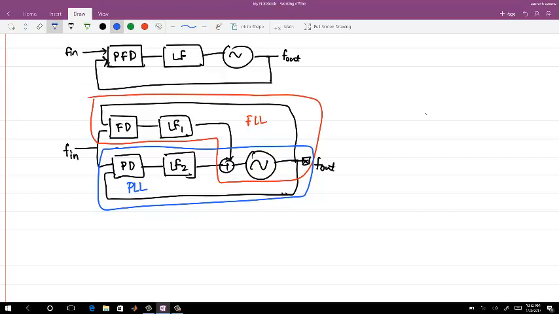I can say I am doing only frequency detection in one loop and phase error detection in the other loop, right? But can you point out what will be the problem if I use two loops which are trying to control the same thing? So what can be the problem?